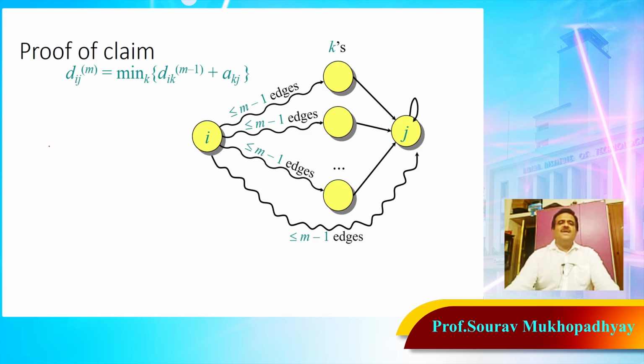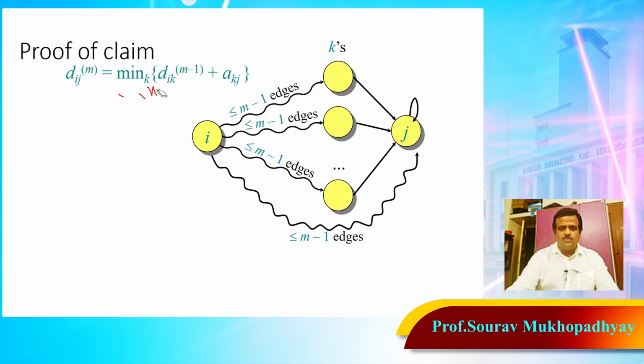Now, this is our claim: Dij m is nothing but the minimum among all k's, where k is running from 1 to n, so 1 less than or equal to k less than or equal to n. Now, anyway, this will come.